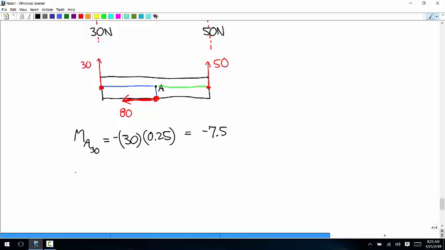And then the moment about A for the 50, the rho vector is 0.25. The force is 50. Counterclockwise, so that's positive. And so this is 12.5.